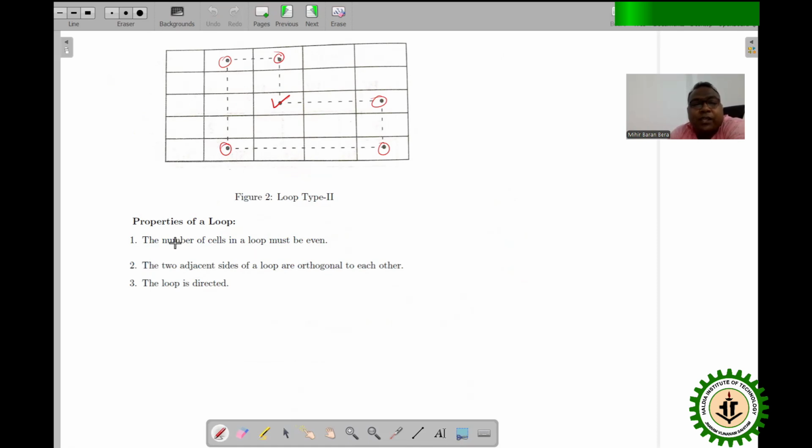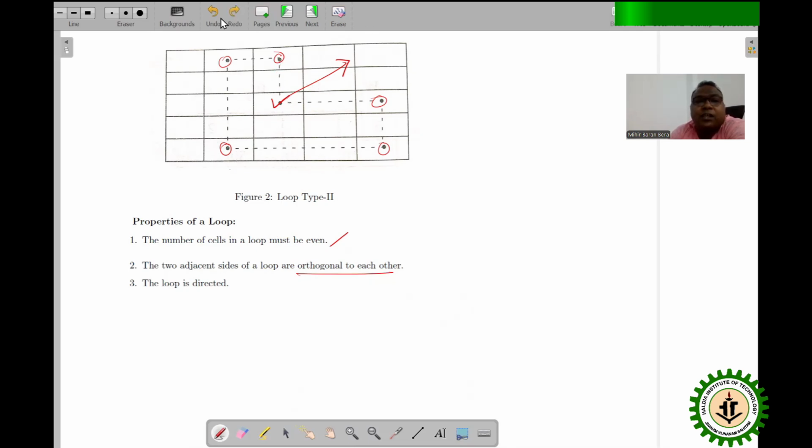That is why some properties of loops are given here: the number of cells in the loop must be even. The two adjacent sides of a loop are orthogonal to each other. That means you cannot go through this in this way.